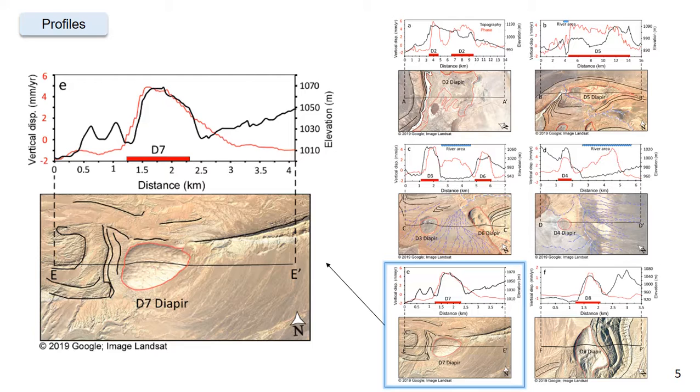For visualization purposes, we depict the diapir's boundaries with a red line on the optical image and a red rectangle at the bottom of each graph. As you see, there is a meaningful correlation between displacement, actually uplift, and variation of topography. This correlation is related to the activation of the D7 diapir, which moves up at a rate of 5 mm per year.